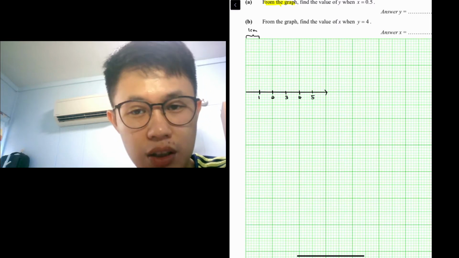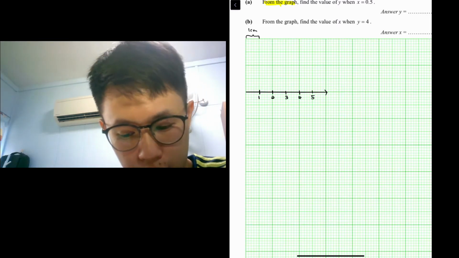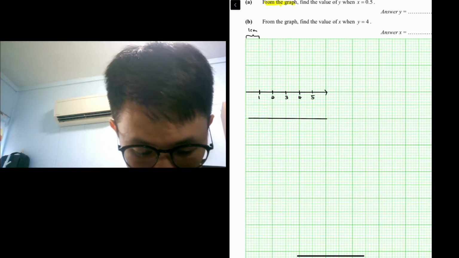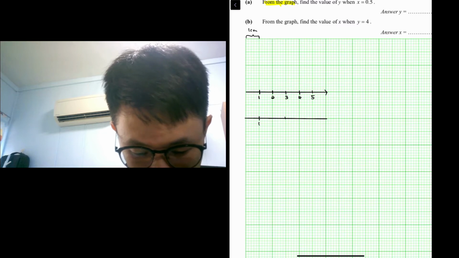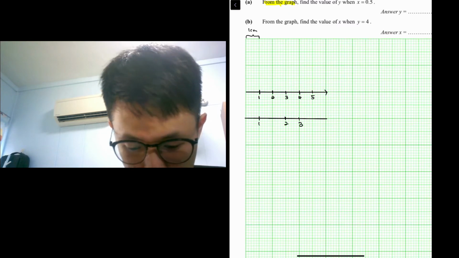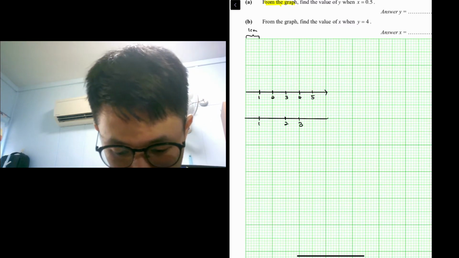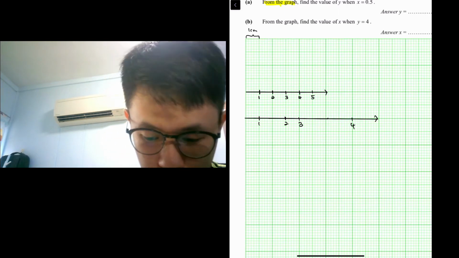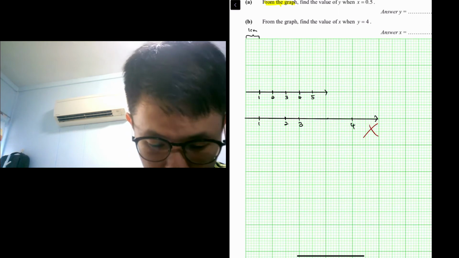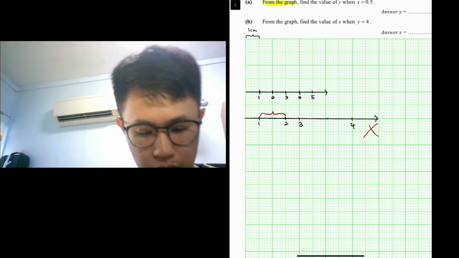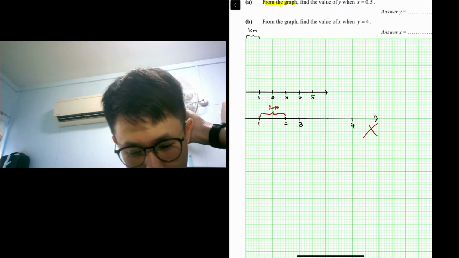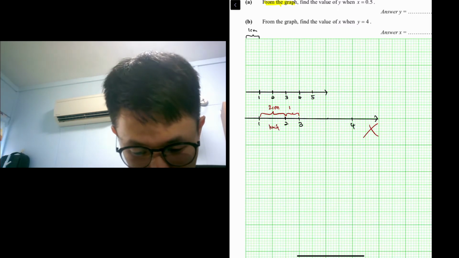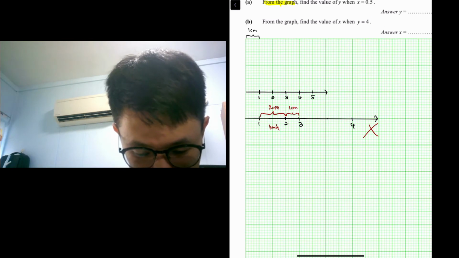We want them to be in equal intervals. It does not make sense if you do something like 1, 2, 3, then maybe 4 further along. Why? Because this length here is 2 cm and it represents 1 unit, while here is 1 cm, but this also represents 1 unit.